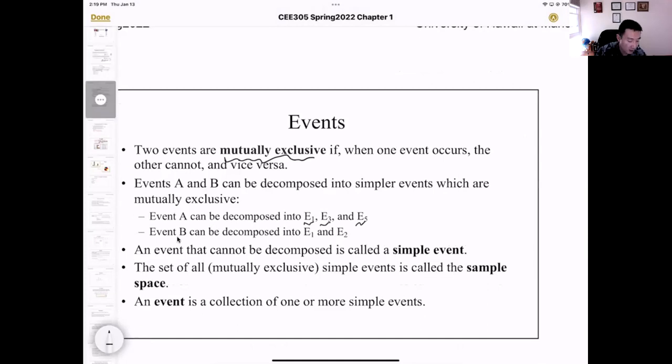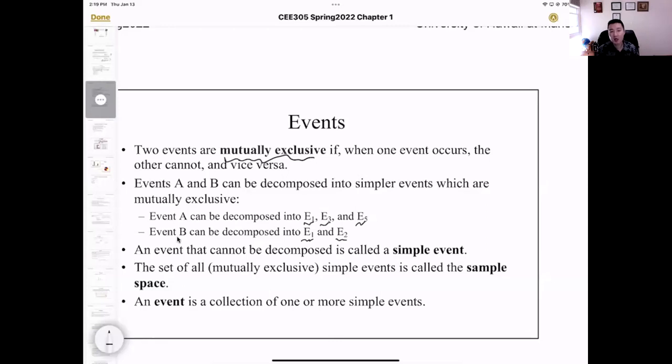And event B, which is we observe a number less than 3, will include E1, we see number 1, and E2, we see a number 2. So we can further decompose an event until it can no longer be decomposed.